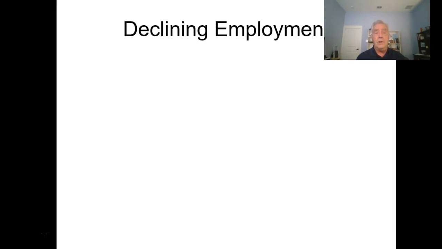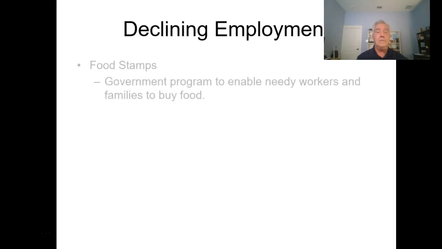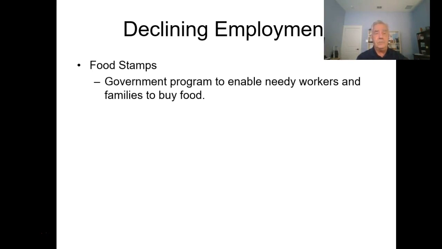Okay, declining employment. What do we mean by that? Well, when employment's declining, in addition to the government insurance program, we have things like food stamps. And this helps you, you're out of a job, or you're needy, or you have no income, or whatever the case may be, or you're handicapped, can't get a job. This is a program that gives people food stamps that they can turn into grocery stores and buy needed food.